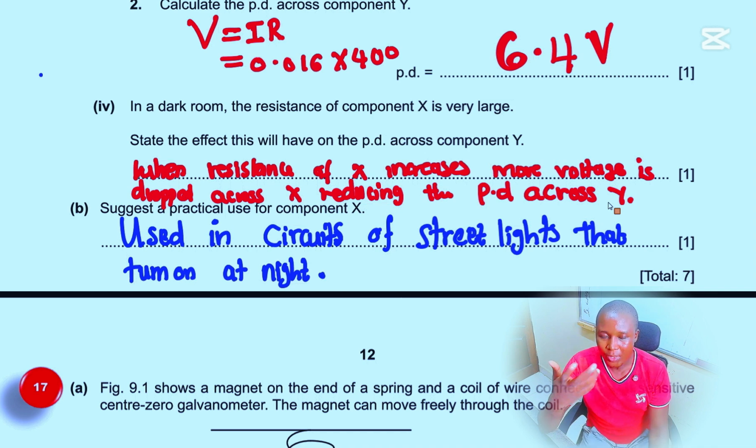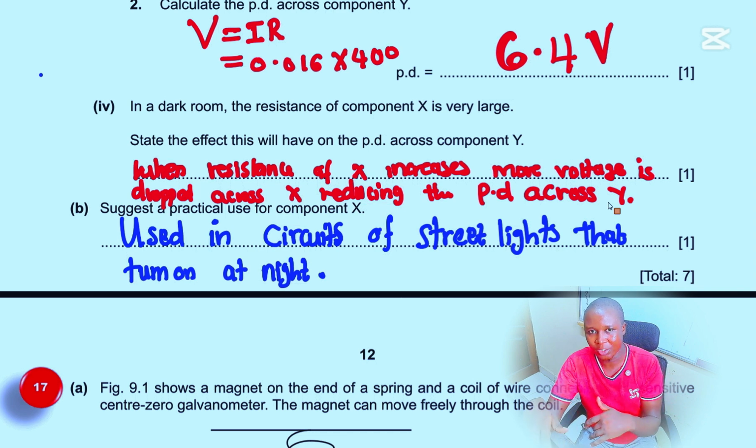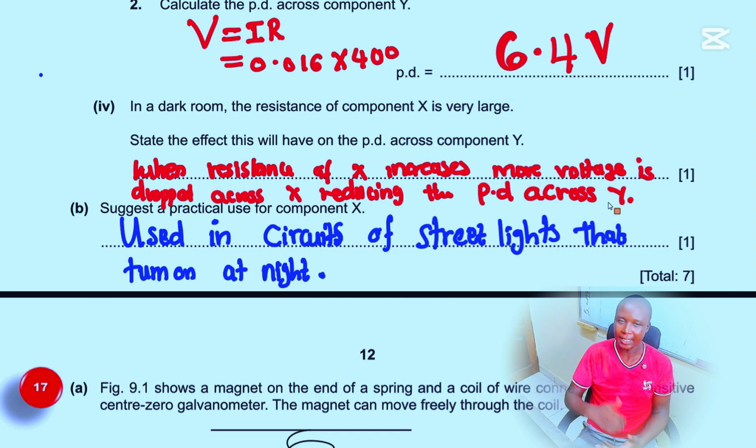Now, we need to understand also the applications of these kinds of devices. An application of a light dependent resistor, of course, is that it can be placed in circuits which are light sensitive. If you want to develop a circuit that can turn on a bulb at night and turn it off during the day, we are going to use an LDR.